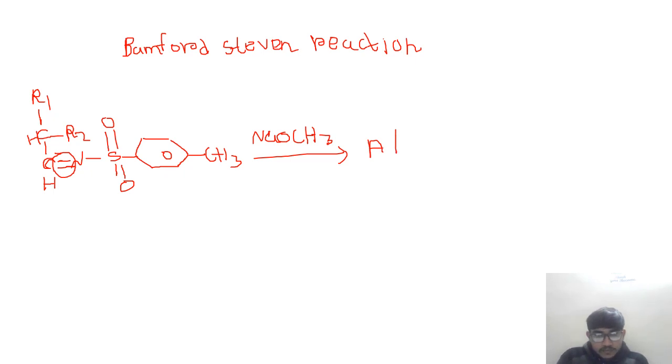And one more thing, that one of these R groups, or R dash groups, is going to transfer onto this CH group. I will show you the final product so you will get an idea. Okay, so this is the final product, which is the alkene.